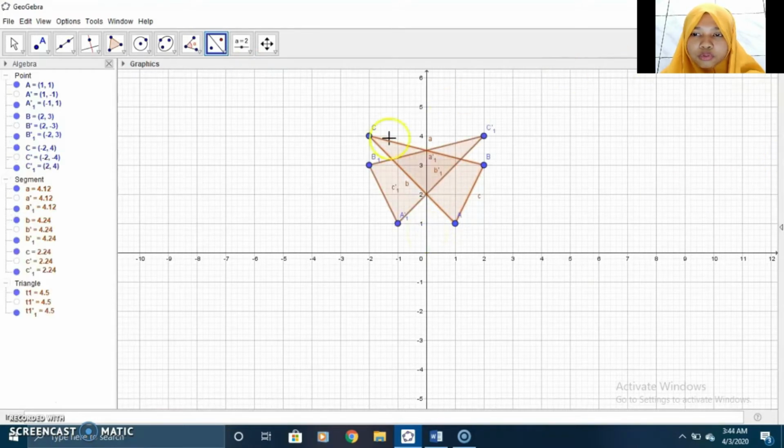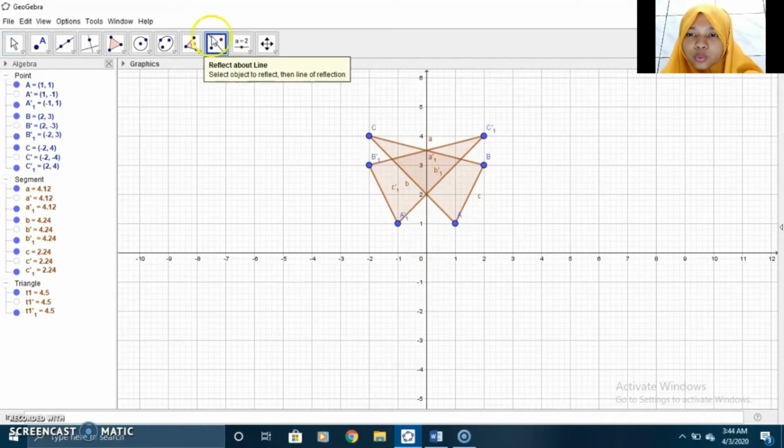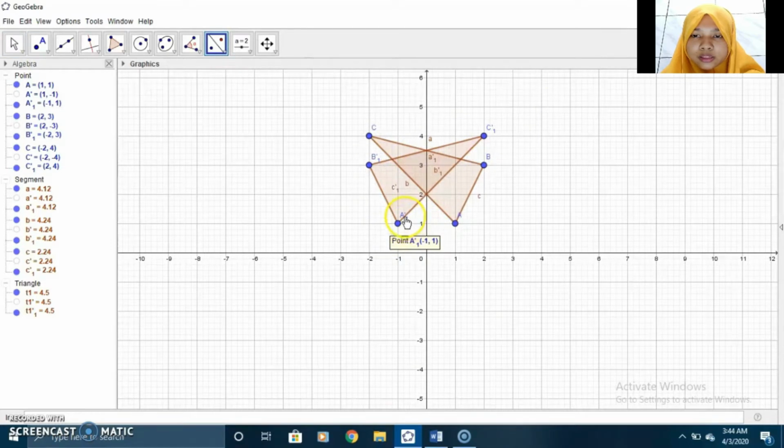Then we have triangle A1', B1', and C1', with A1' is (-1, 1), B1' is (-2, 3), and C1' is (2, 4). This triangle is the reflection of triangle ABC with respect to the y-axis. Now we hide all the items A1', B1', and C1'.